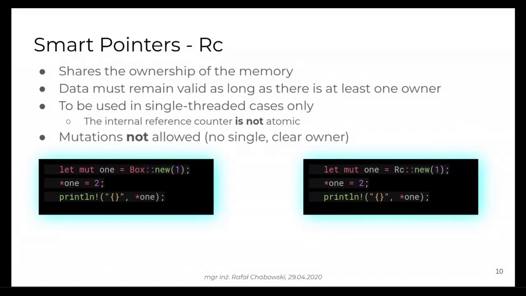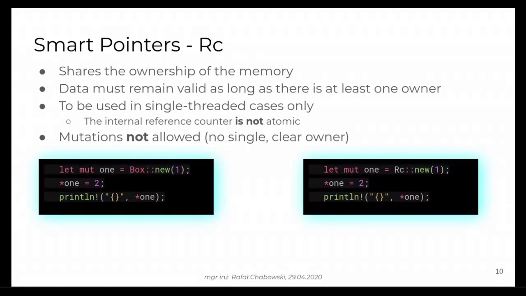And there is also another difference, because this one is not going to work in a multi-threaded environment. Of course, there is no need to remember that: if you try to use Rc in multiple threads, Rust will not compile your code. And why is it not safe to send it to another thread?